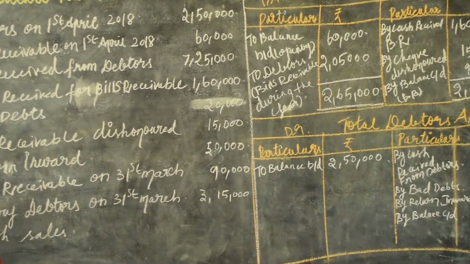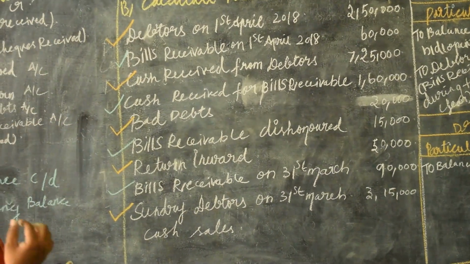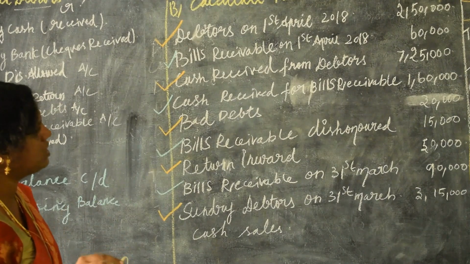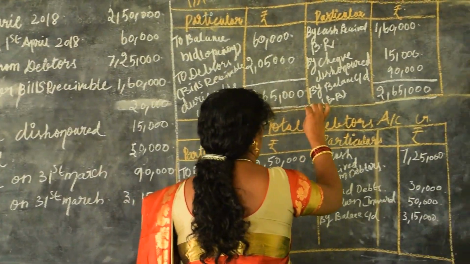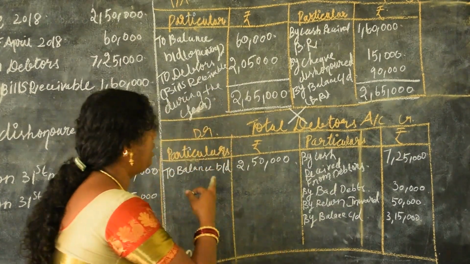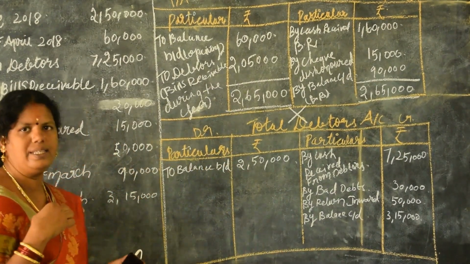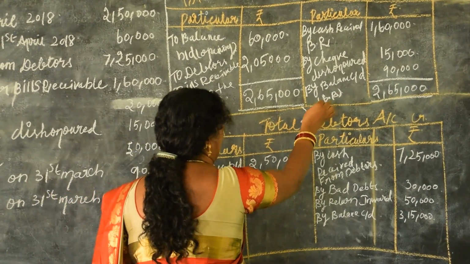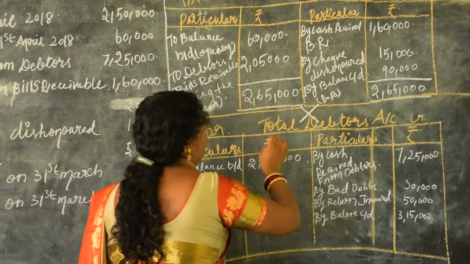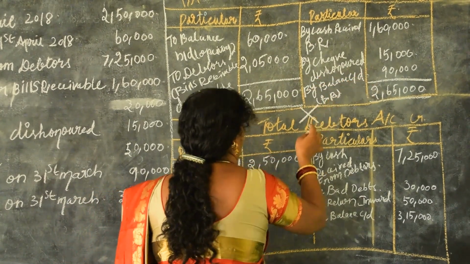Now only one more thing that you have to concentrate on here: the little cross. It is the multiplication sign. Here, what you are going to write, this sign indicates a cheque dishonoured, no?